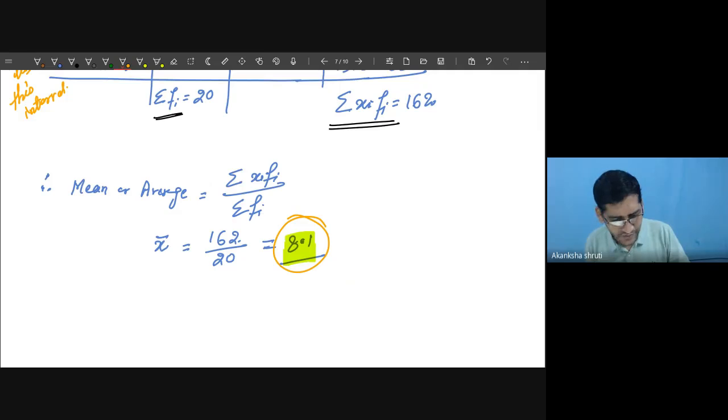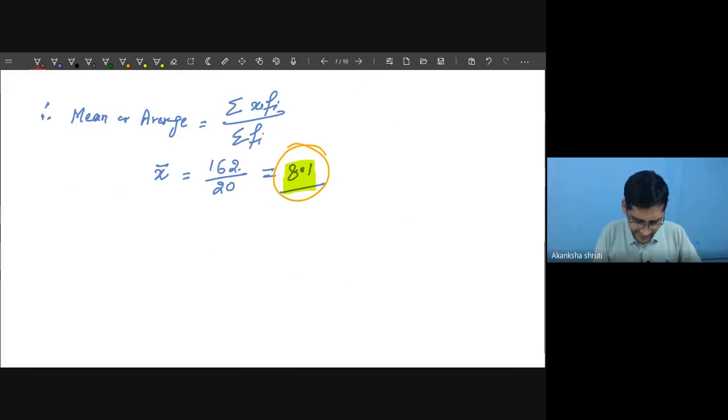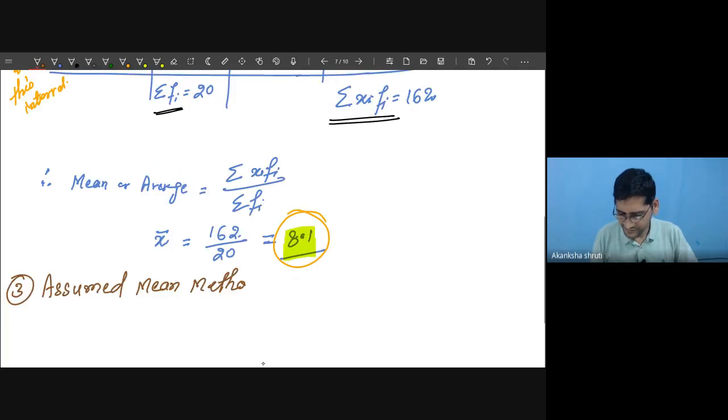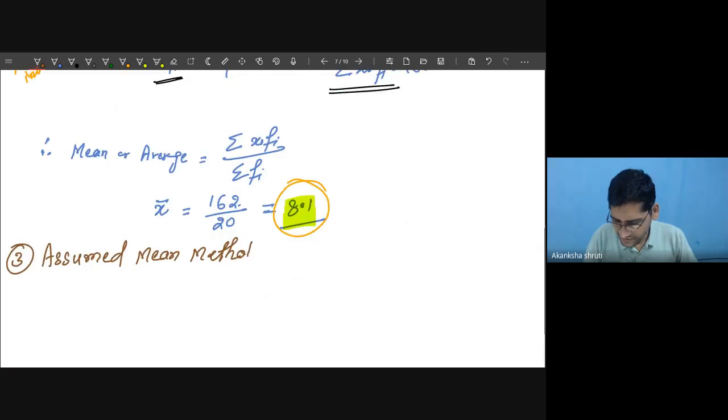So write for the assumed mean method. This is our method number 3, our assumed mean method. In this assumed mean method, this is also called the shortcut method.